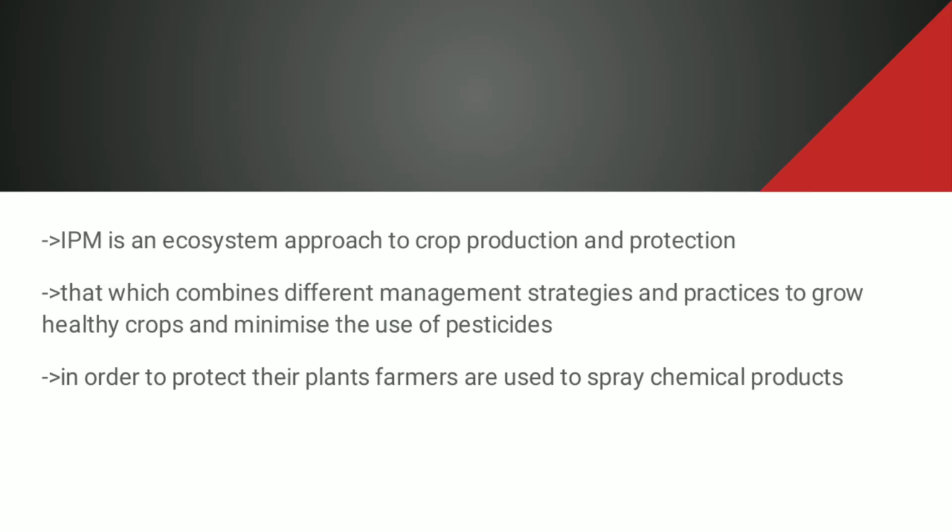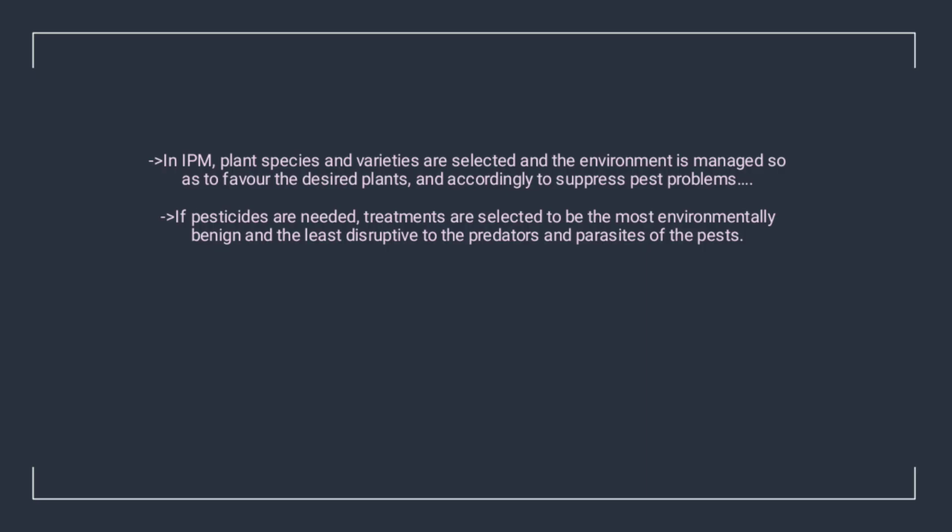IPM is an ecosystem approach to crop production and protection which combines different management strategies and practices to grow healthy crops and minimize the use of pesticide, rather than farmers using spray chemical products to protect their plants.